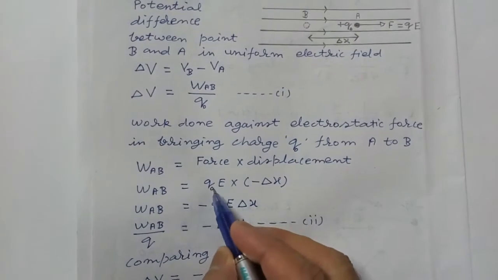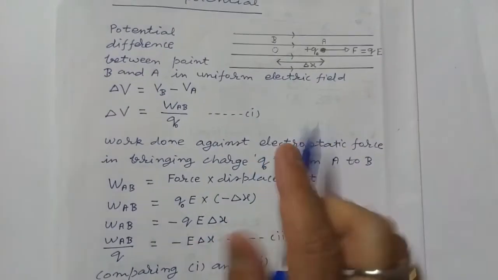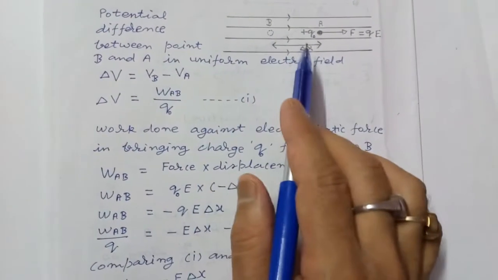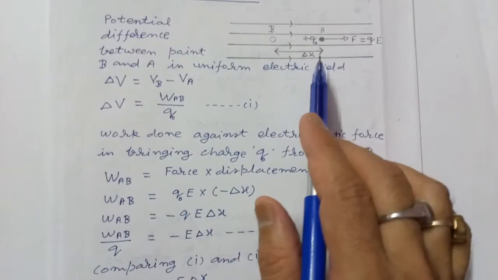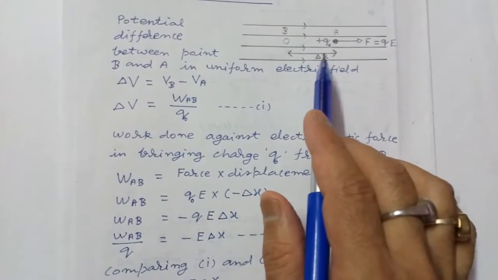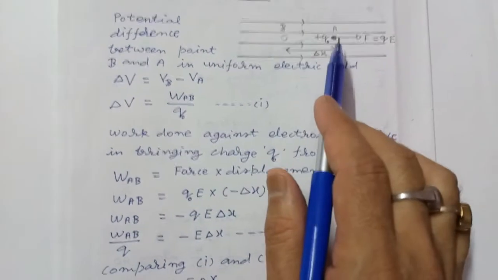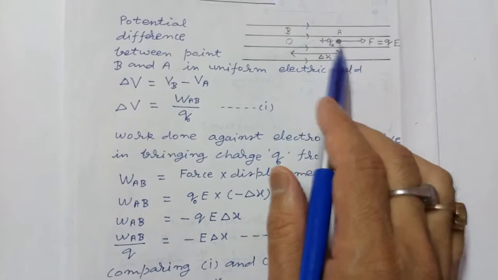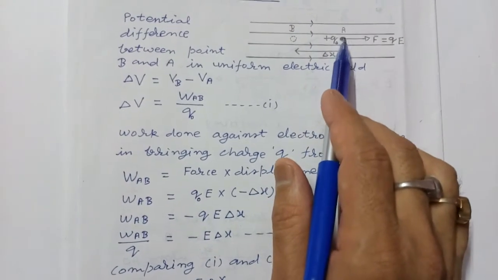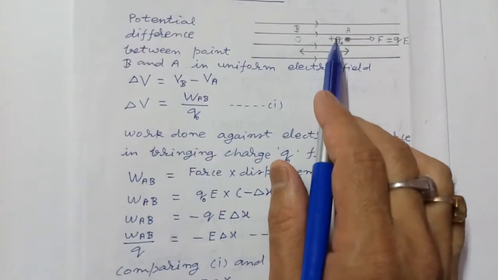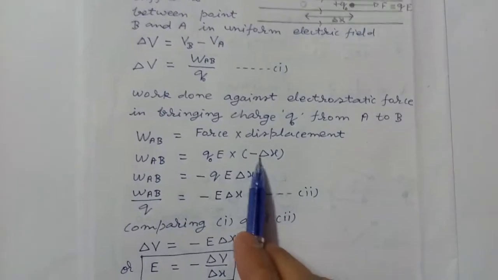Force is Q naught into E, and displacement is minus delta x, because we are moving in the negative x direction. Or if you calculate the work done by this force and displacement, the angle between force and displacement is 180 degrees, so here is a minus sign.